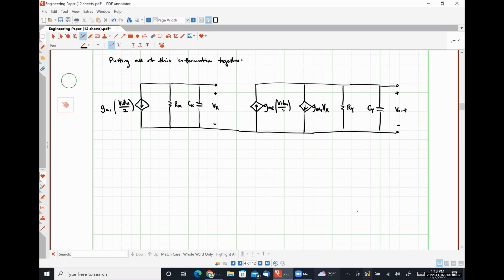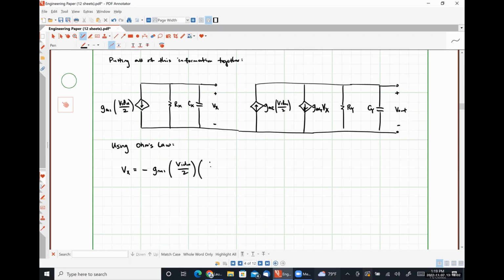Okay. So now we're going to develop our transfer function. So using Ohm's law, we could say that Vx is going to be negative GM1 times VIDM over 2, where the negative sign here is coming from the fact that the current is flowing into the negative polarity terminal.